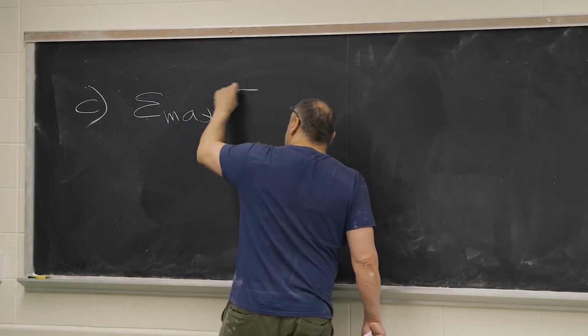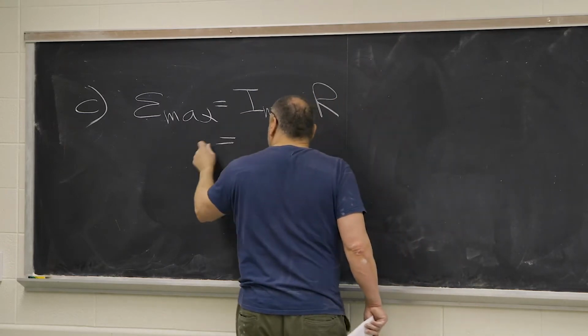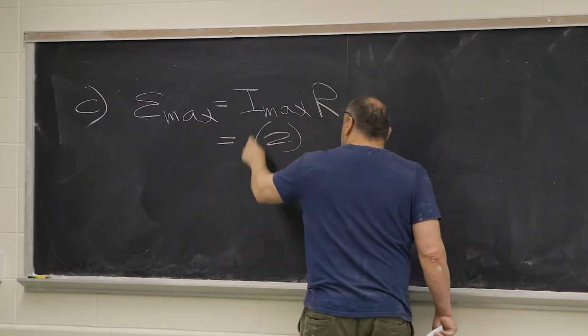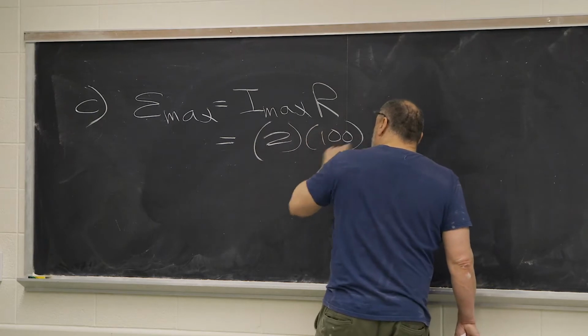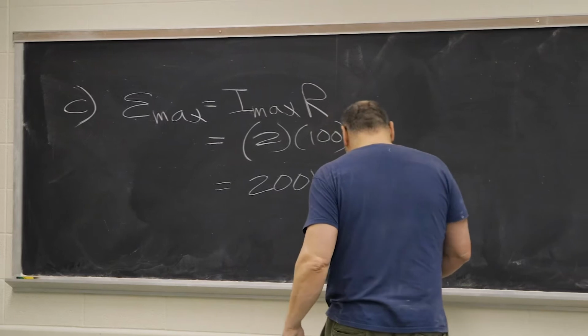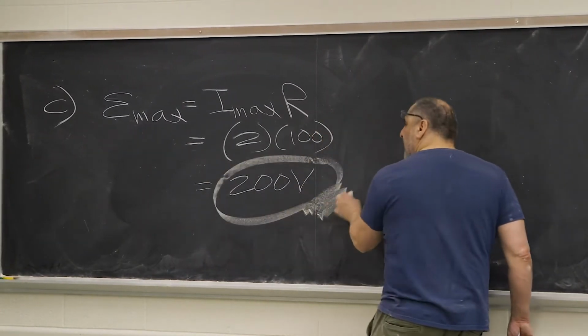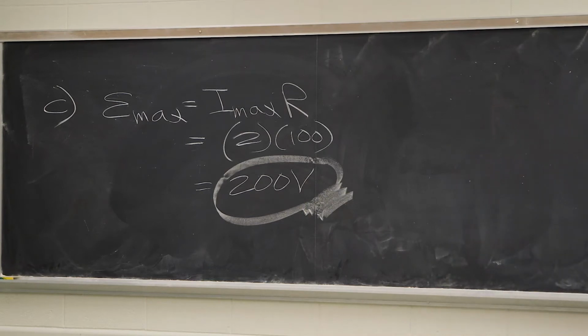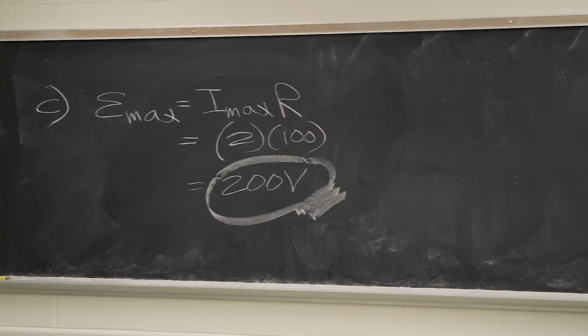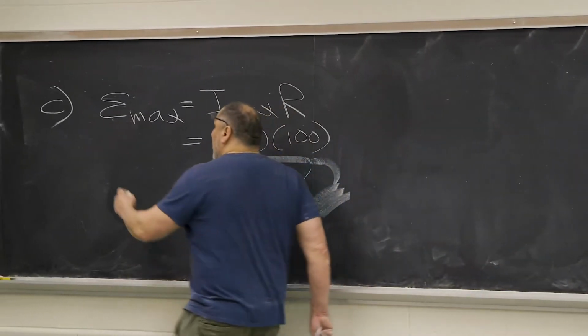Emax is going to be Imax times R, which is 2 times 100. It's as simple as that. It's a little on the deceptive side. You might be tempted to go in the wrong direction there.